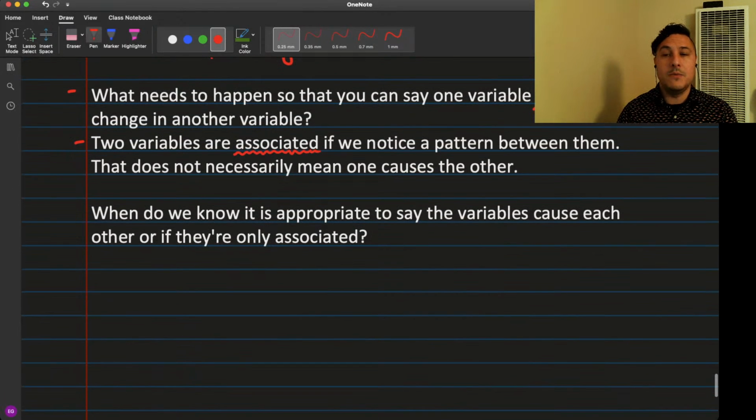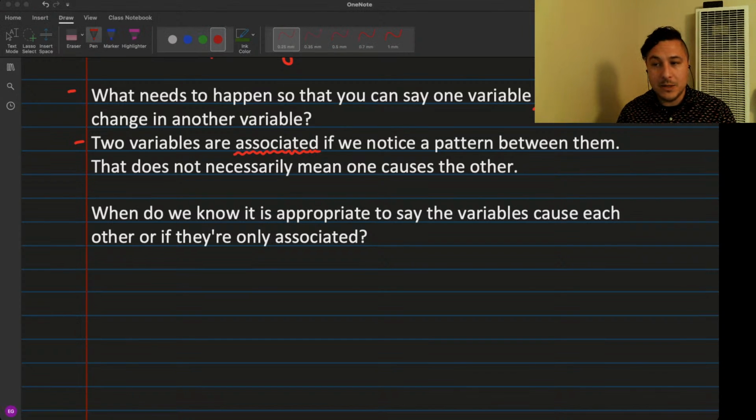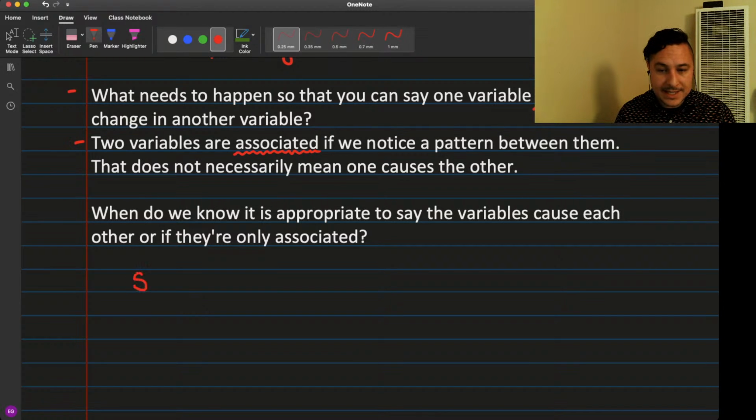So whether you can say one or the other depends upon the type of study that you have worked with. So if someone talks about a study, and in particular we call it an observational study, let me write that again.